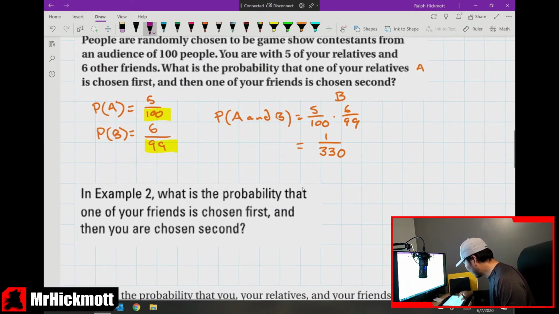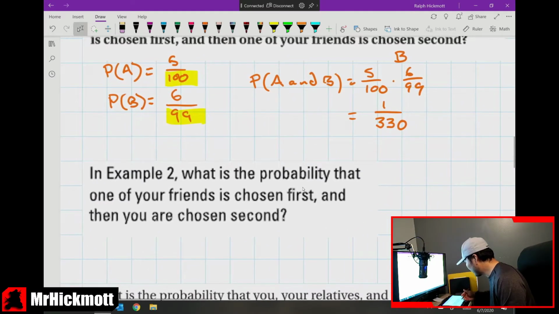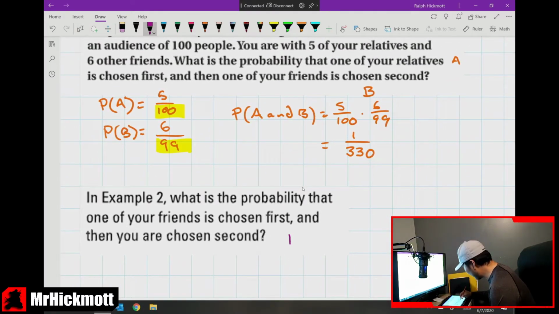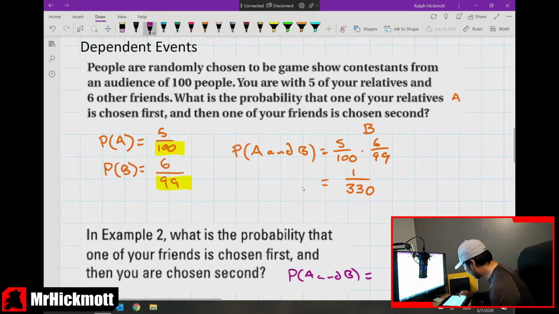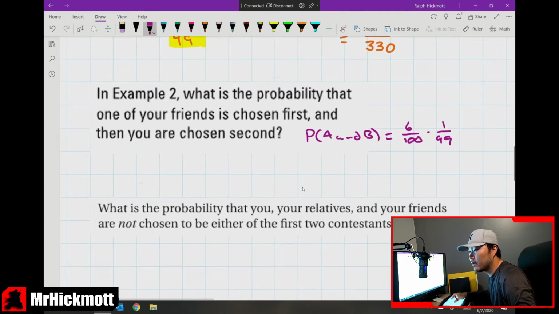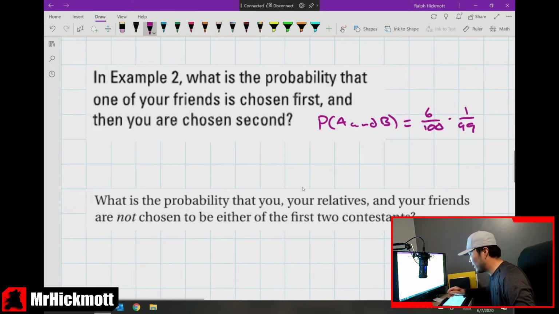So let's try one more just to drive this home. In example 2, what is the probability that one of your friends is chosen first, then you are chosen second? So I'm just going to do this in shorthand. If one of your friends is chosen first, it's 6 out of 100, and then it's 1 out of 99, because you being chosen second is basically just one possibility out of the 99 remaining.